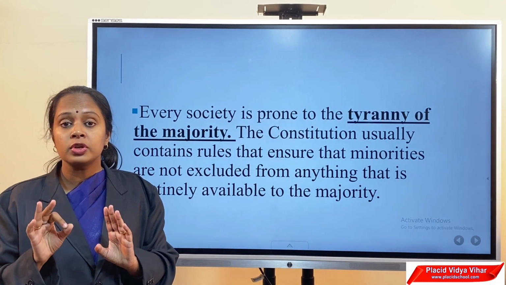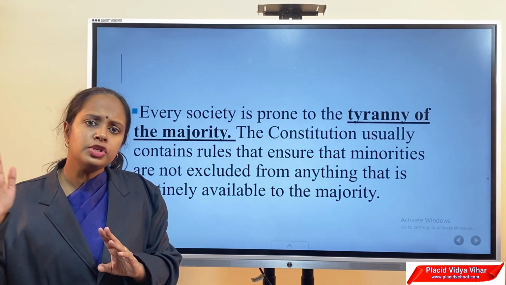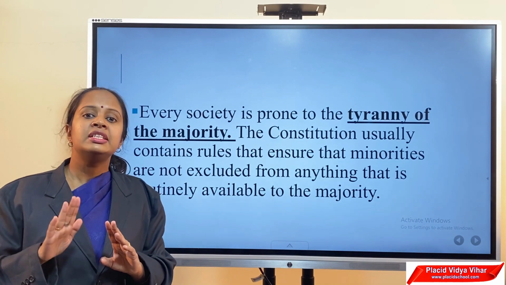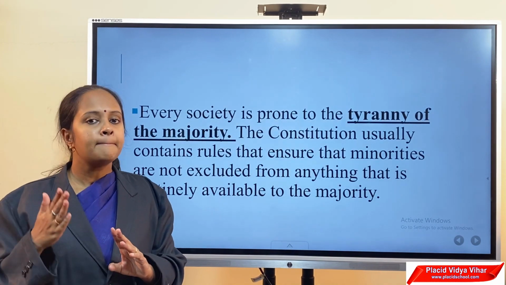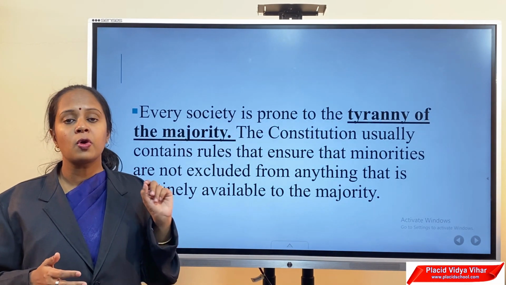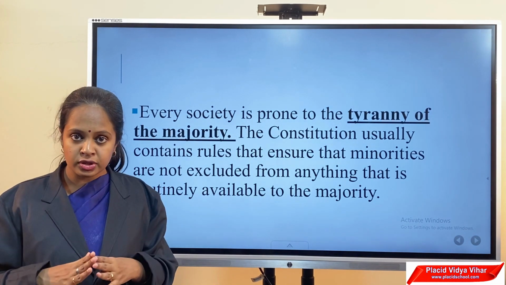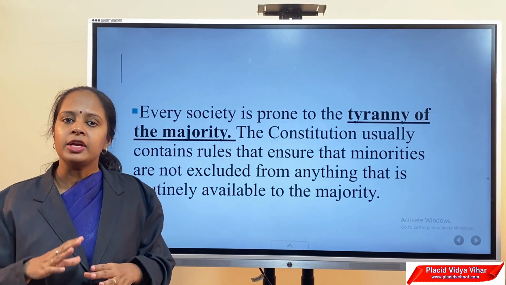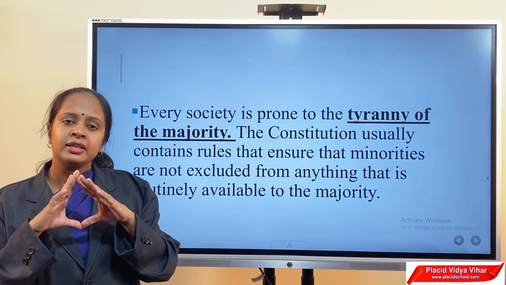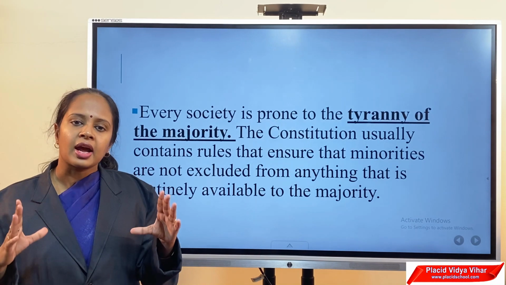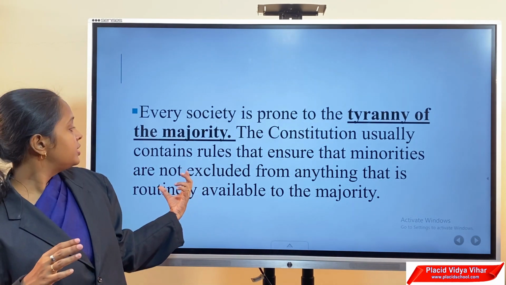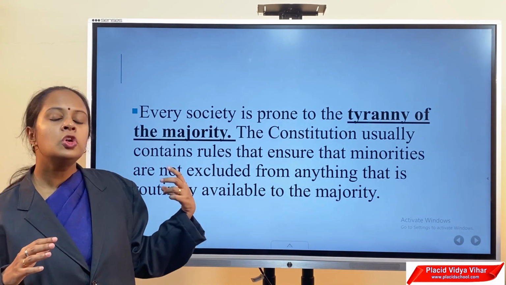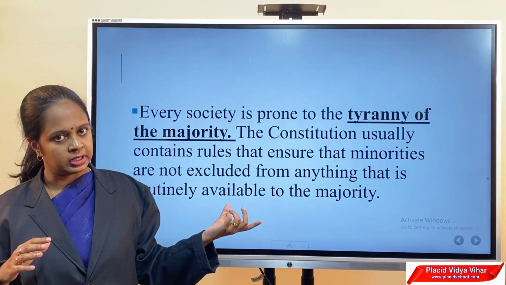A majority group may continuously enforce decisions upon the minorities. So the role of constitution is to safeguard and ensure minorities are also getting all the rights and freedom that is routinely available to the majority.